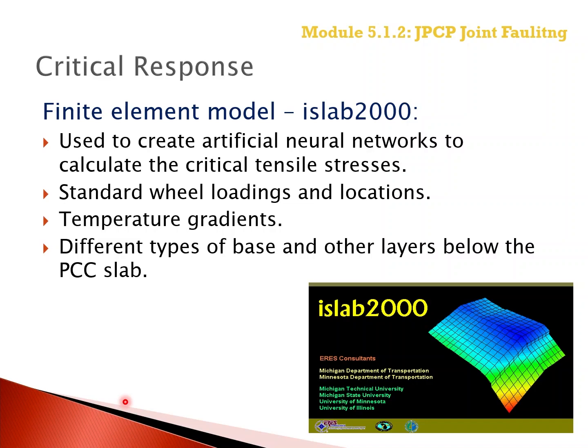So the jointed plane concrete pavement responses are calculated with the artificial neural networks and not directly with ISLAB 2000 itself. The rigid pavement responses of slab deflections are dependent on the wheel loads and their locations, the temperature gradients through the concrete slab, and the properties of the pavement layers and subgrades supporting the concrete slab.